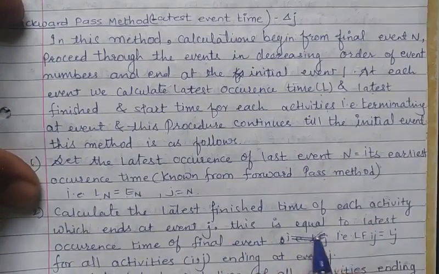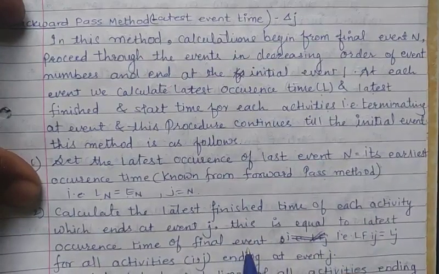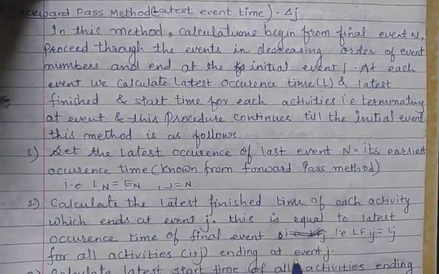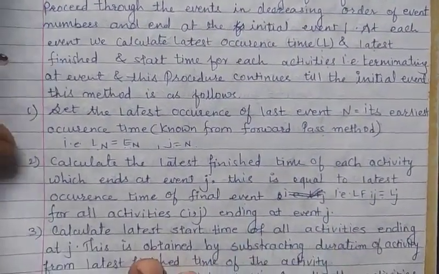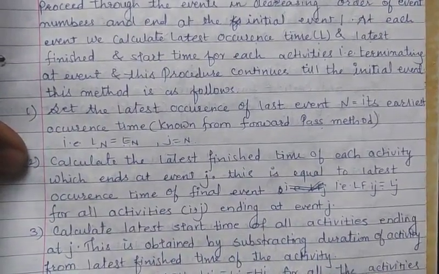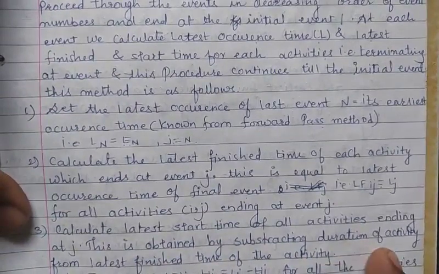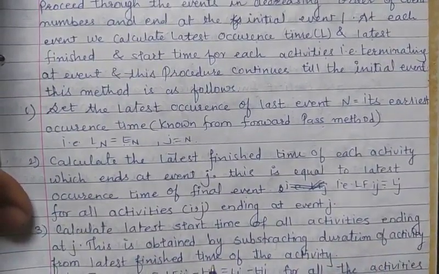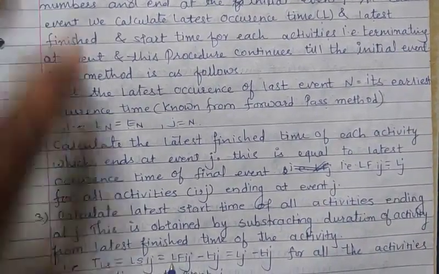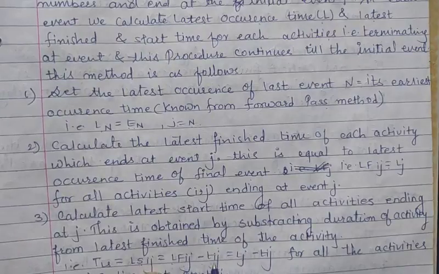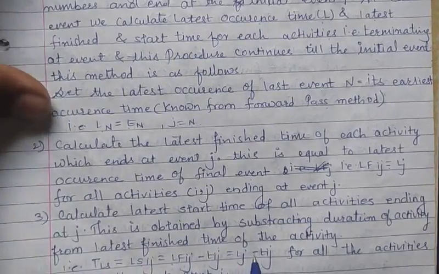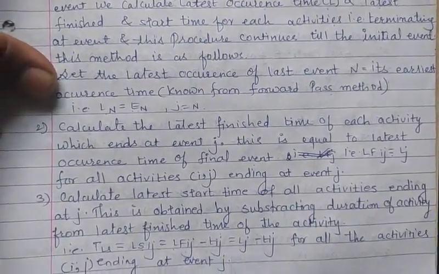This is equal to the latest occurrence time for the final event: LFij is equal to Lj for all activities ij ending at event j. Next, calculate the latest start time of all activities ending at point j. This is obtained by subtracting the duration of an activity from its latest finish time, that is, LSij is equal to LFij minus Tij, which is Lj minus Tij for all the activities ij ending at event j.